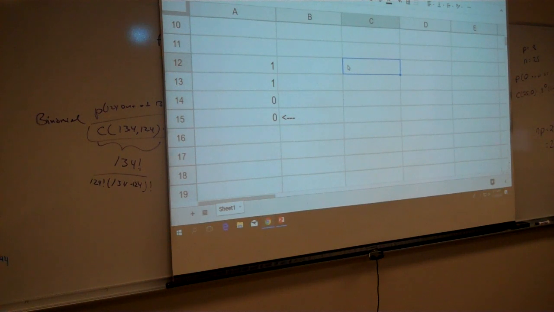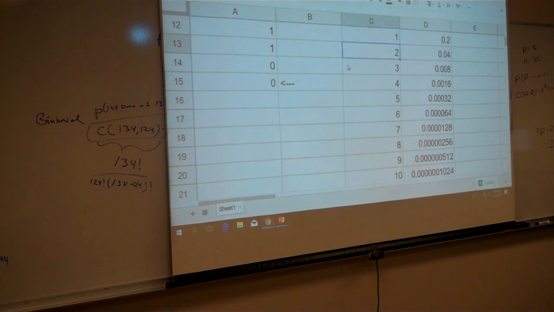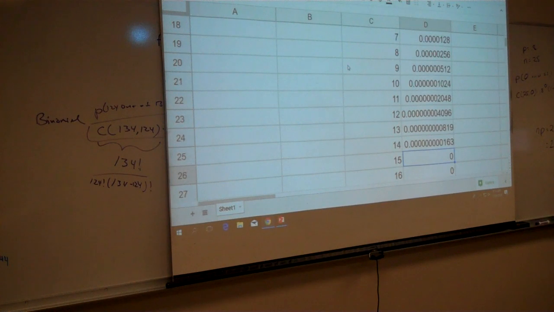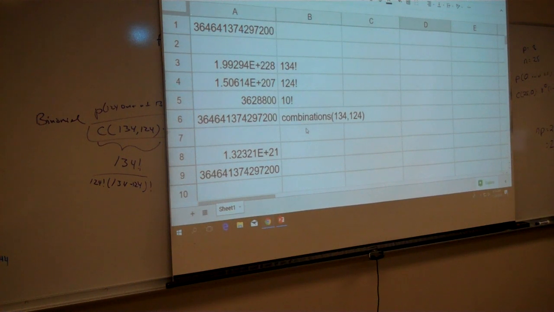Just out of curiosity, let me see what's going on here. I wasn't expecting such a small number. So look how small. This is 0.2 to the 9th power, to the 10th power, to the 11th power. Look, after the 14th power, it rounds to 0.